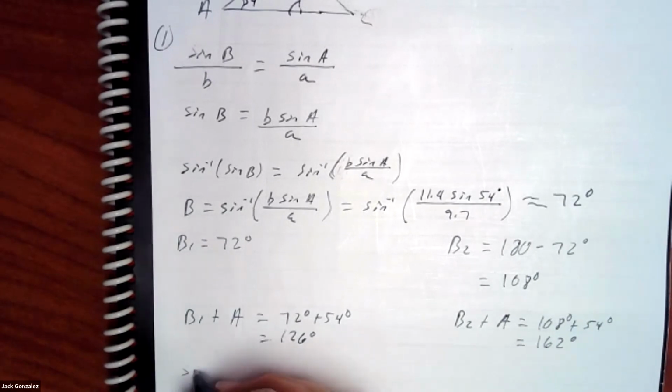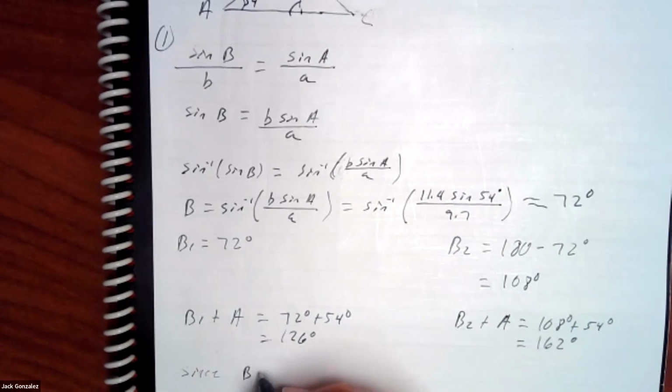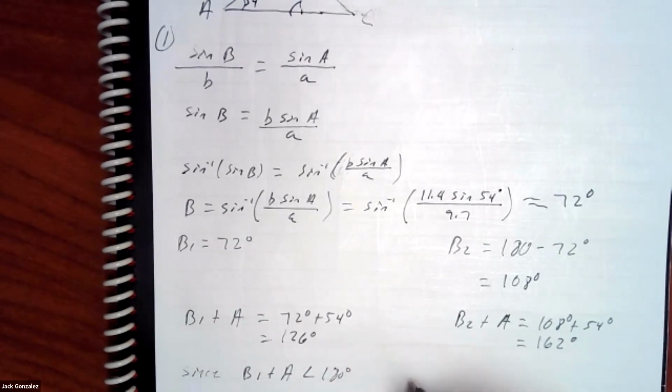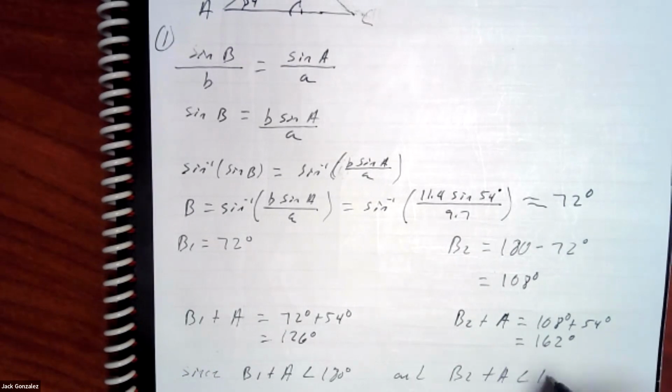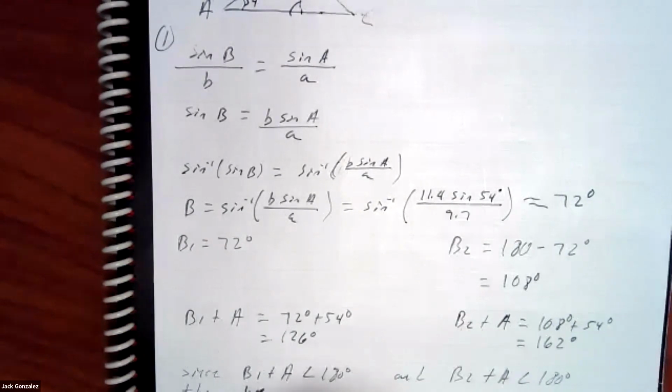So since B1 plus A is less than 180, and B2 plus A is less than 180, then we have two triangles.